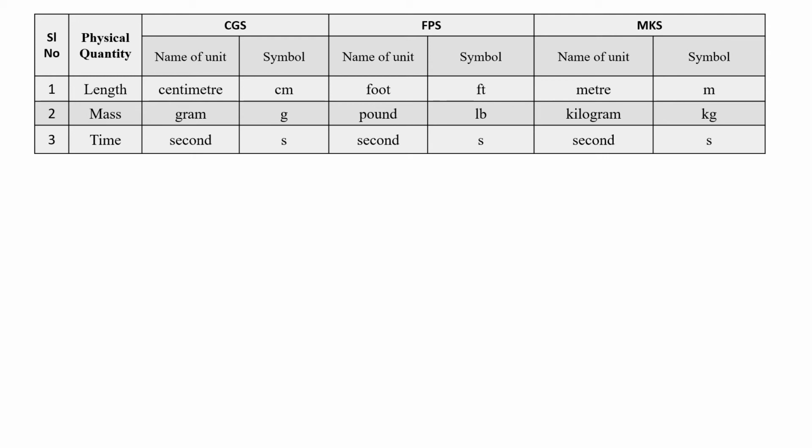Mass in the CGS system is represented as g, in the FPS system as pound, and in the MKS system as kilogram. For time, in the CGS, FPS, and MKS systems, time is represented as second.